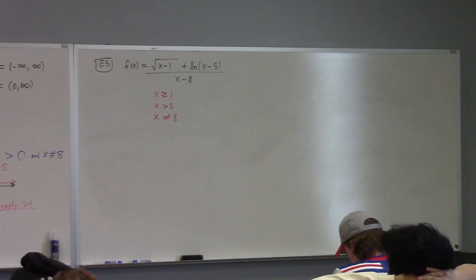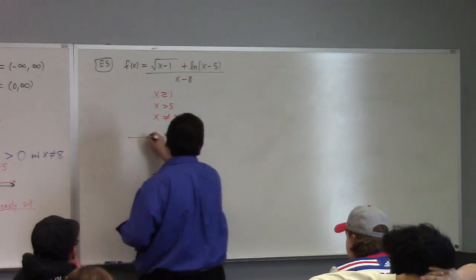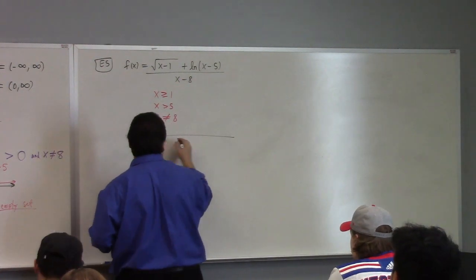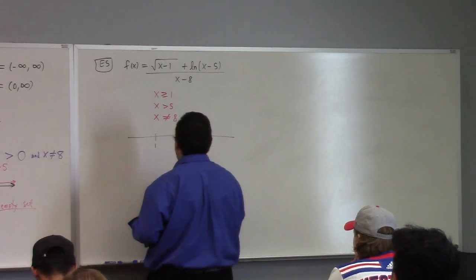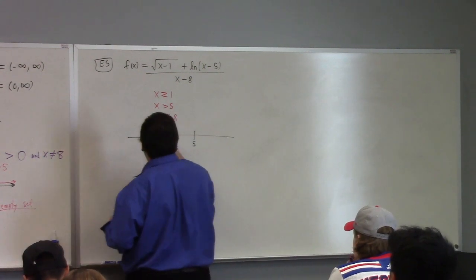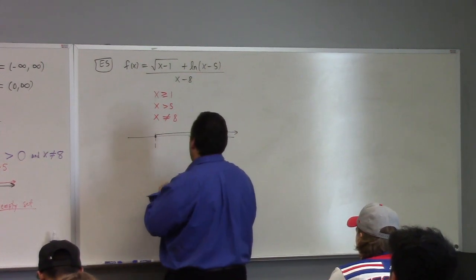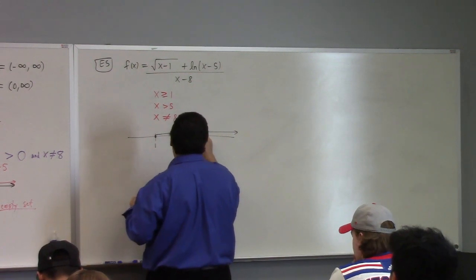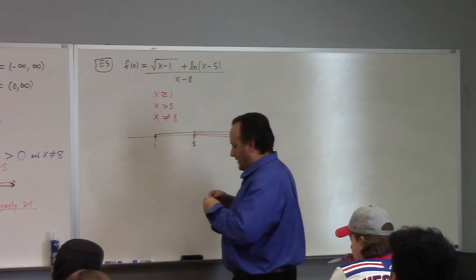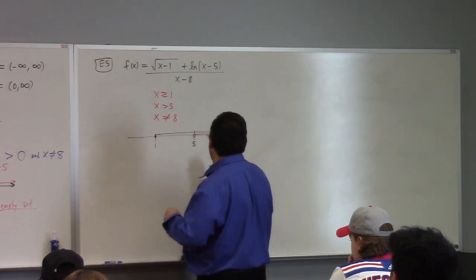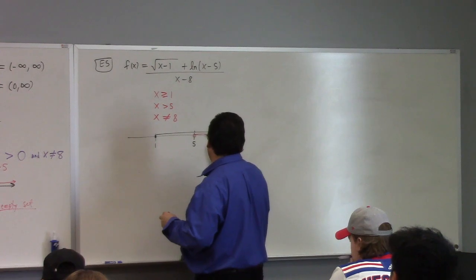It's okay. So my number line, here's 1, here's 5, right? So we need x to be greater than or equal to 1. We need x to be greater than 5. And we need to remove 8 from the consideration, right?